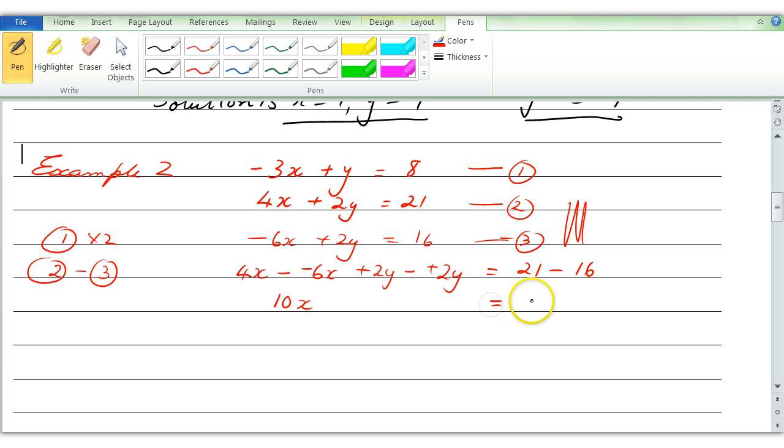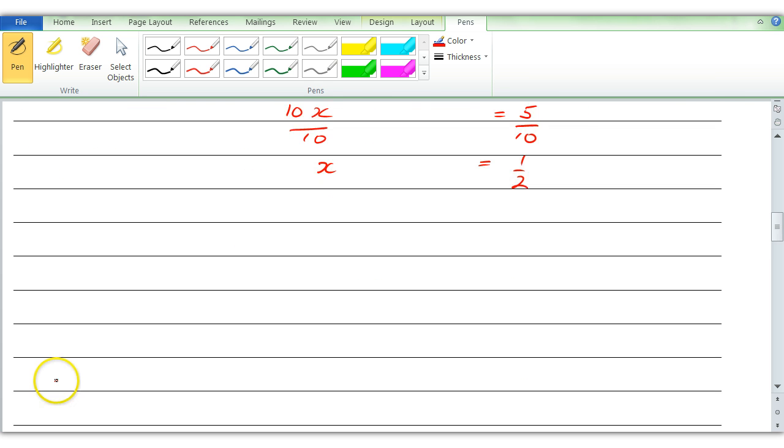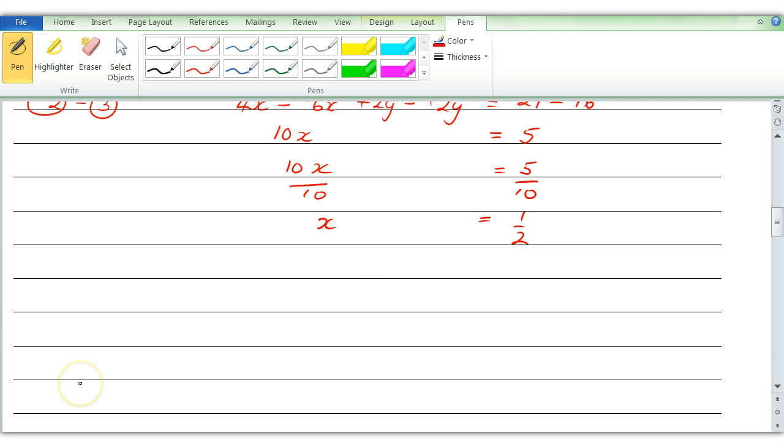And 21 minus 16 will give us 5. Now we divide both sides of that equation by 10 to get what x is. And so we have x equals 5 over 10, which is a half. We've now eliminated y, and we've found that x is a half.